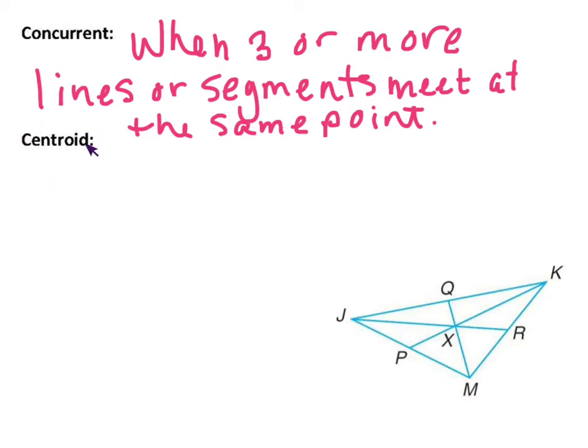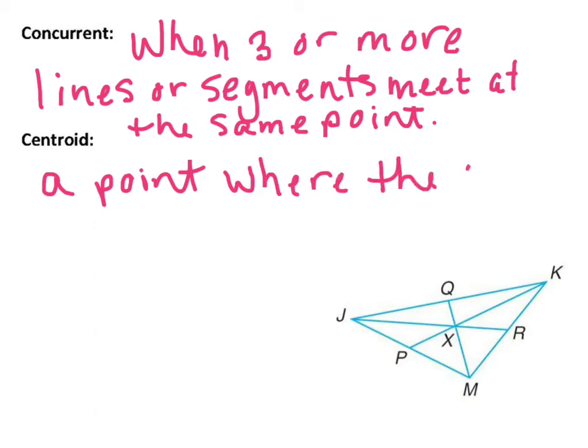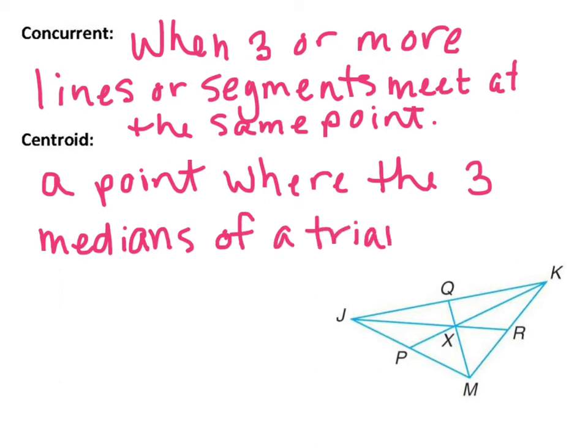A centroid is a special type of concurrent point. A centroid is a point where the 3 medians of a triangle meet.